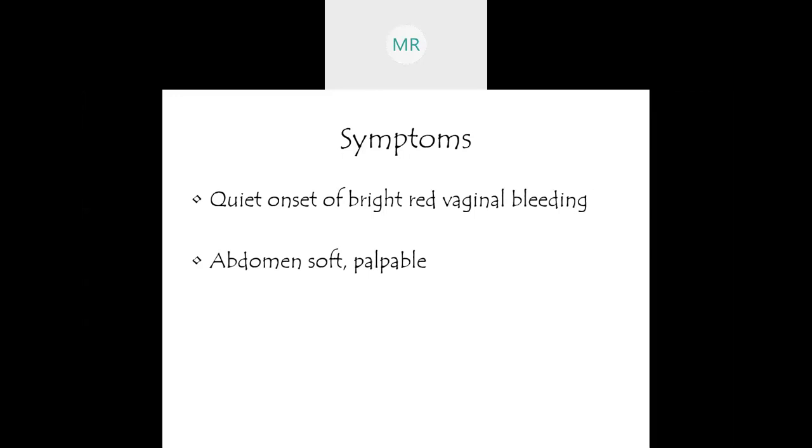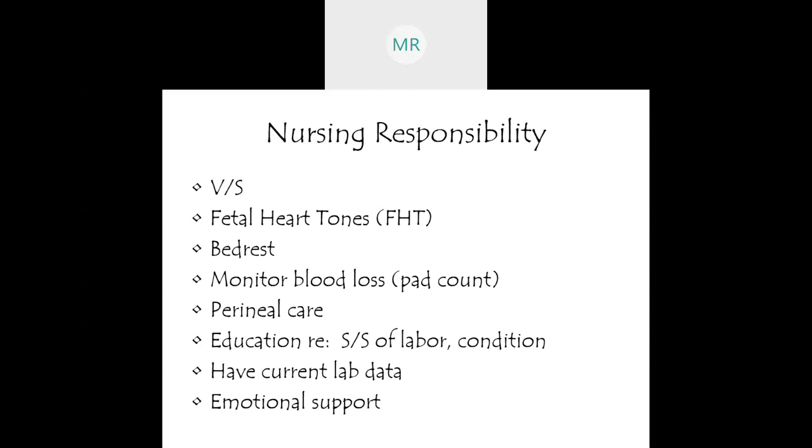Now, what are we going to do? Nursing responsibilities. One thing I want to make sure that I highlight with bleeding, and I know we've said this in Skills Day, and some of you have had your virtual sim in OB virtual clinicals already, is that when there's bright red vaginal bleeding, there's a red flag.